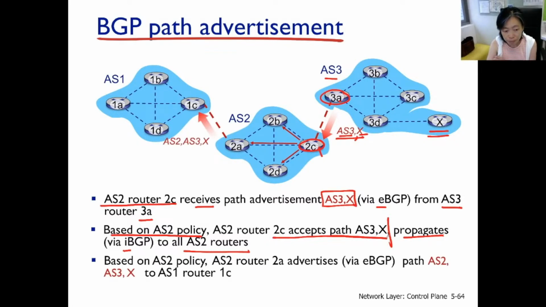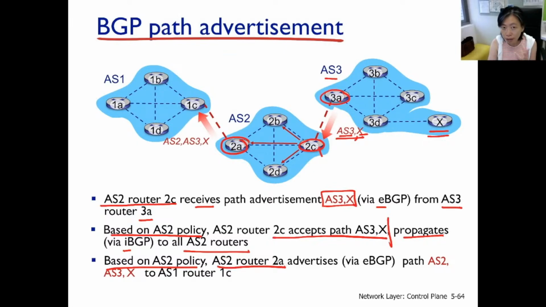And then, okay, 2A here, receiving such a path, can then prepend itself and pass it further to the neighboring ASs. But wait, the export policy is applied here before passing on the advertisements. Let's check.